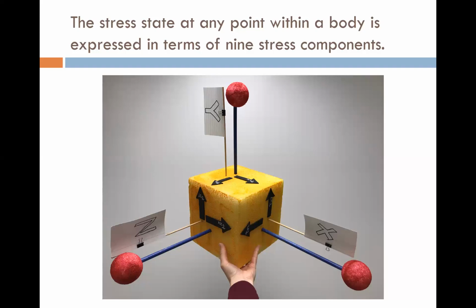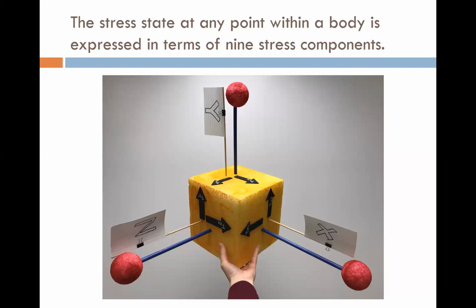And those components, in addition to being dependent on the location we're looking at, if we start to rotate the orientation of this material element, we will get different magnitudes of those components as the vectors start to break up into the different directions, X, Y, and Z, based on being normal or tangential to the surface.